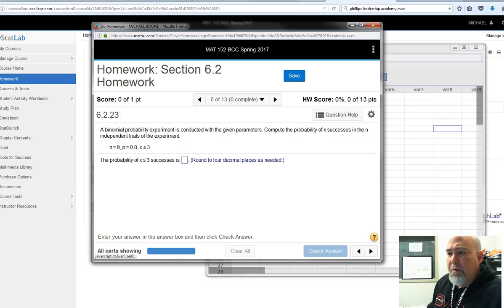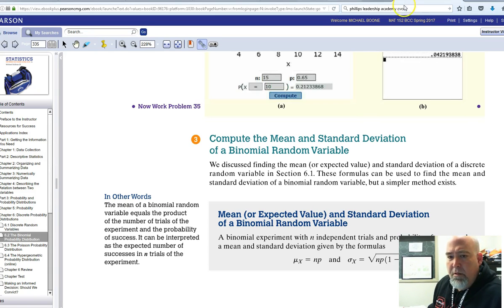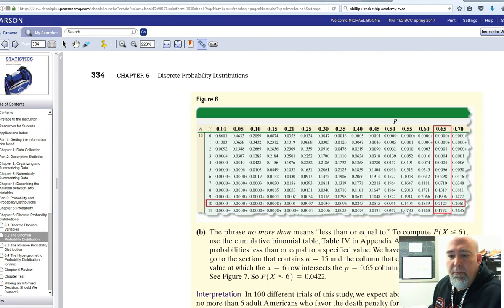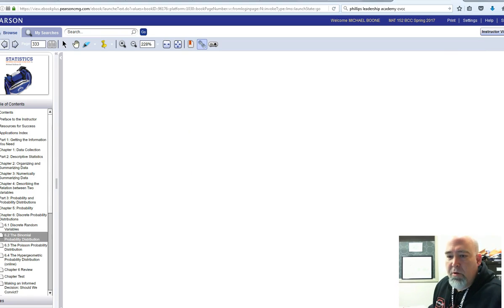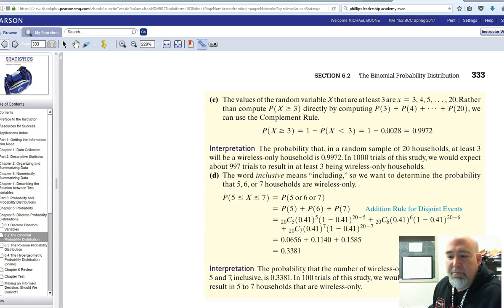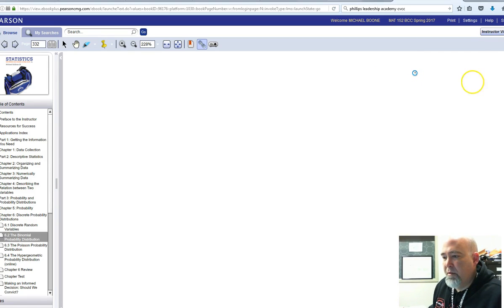The text gives a pretty awesome way to find the probability, and there's this gnarly formula that you are welcome to use if you want.